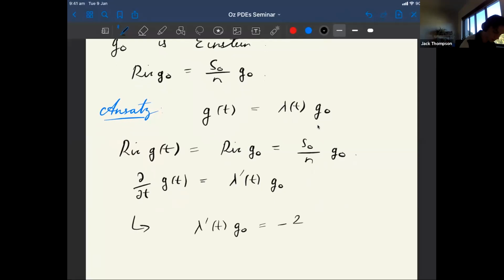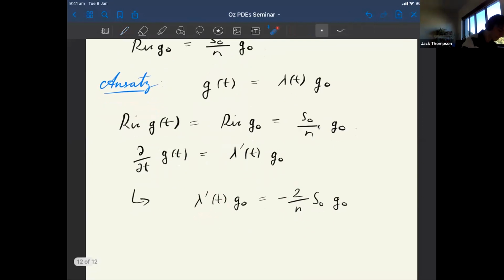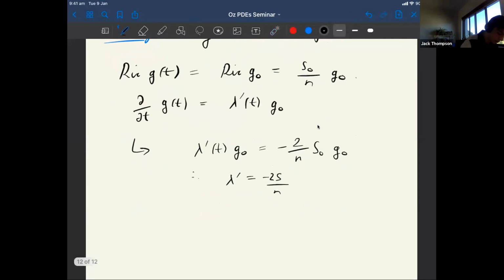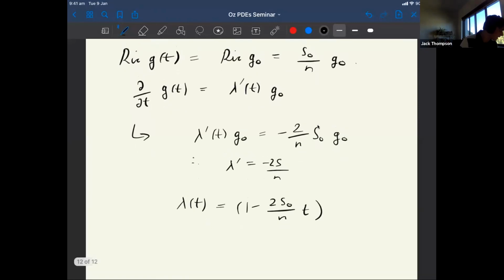Also, if I write it all out like this, I have this equation, and of course, this means that this derivative has to be equal to this term over here. And we solve this to find the following. So this is our first solution of Ricci flow for Einstein manifolds.